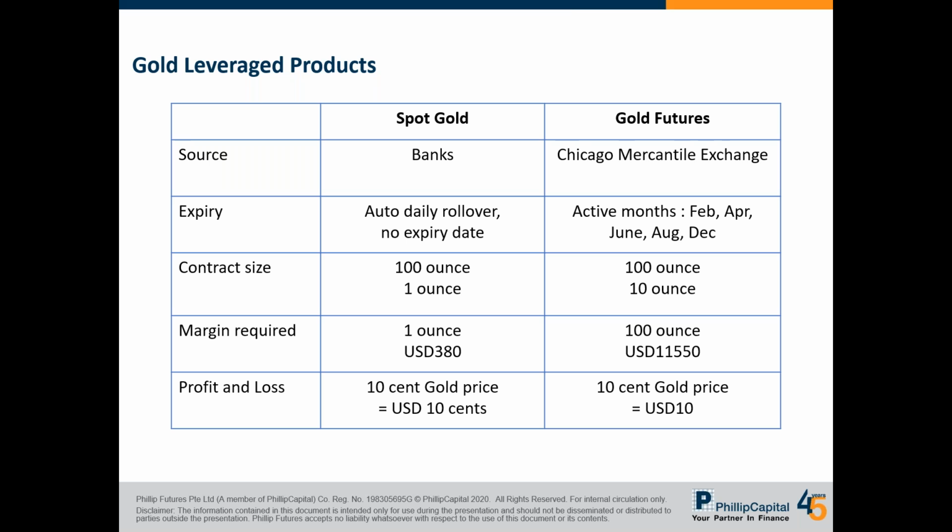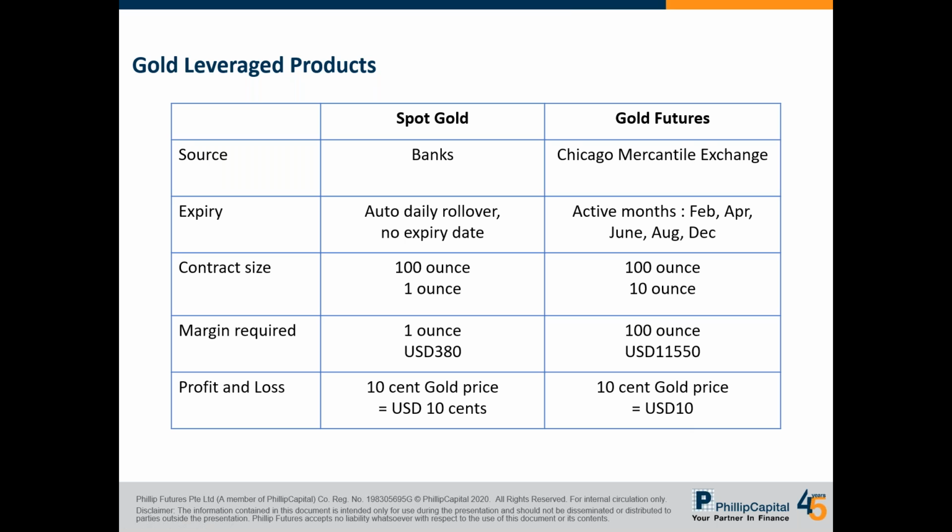Now, profit and loss, you also need to take note of that. For spot gold, a 10-cent gold price movement is USD 10 cents, because you are looking at 1 ounce. As compared to gold futures, if you are trading a 100 ounce contract, a 10-cent gold price movement will relate to USD $10 of your profit and loss.